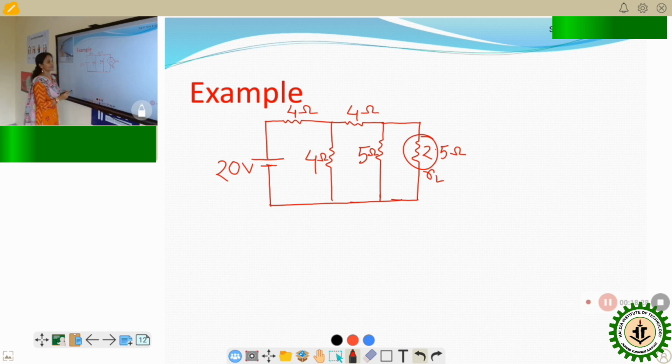So first step, remove RL from the network. That means remove 2.5 ohm resistor from the network and short circuit it. After short circuiting, calculate IN. So again redraw that circuit.